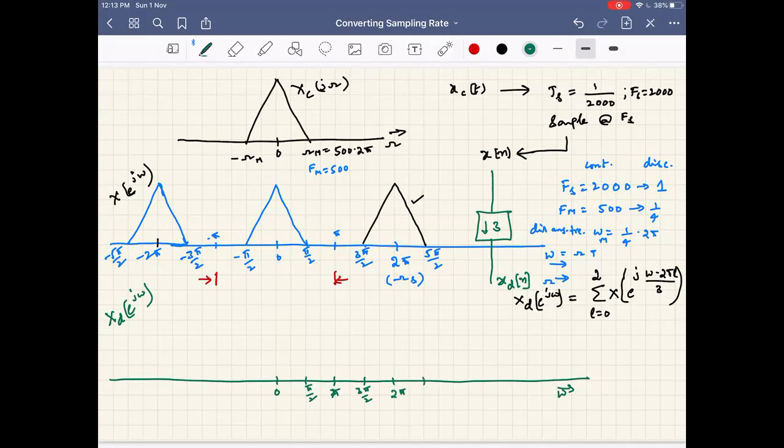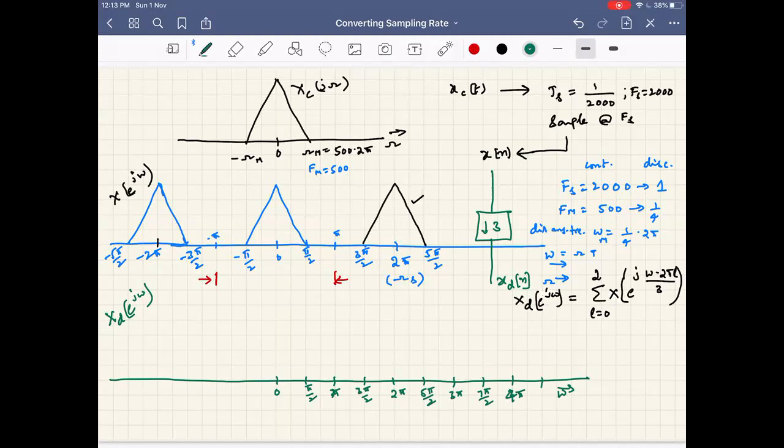And this is 5 pi by 2, and this is 3 pi, and this is 7 pi by 2, and this is 4 pi, right? And then this is what?